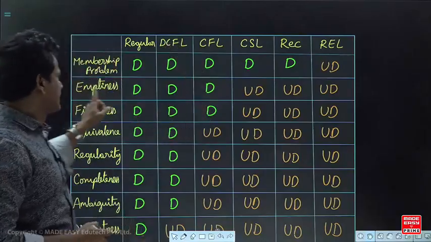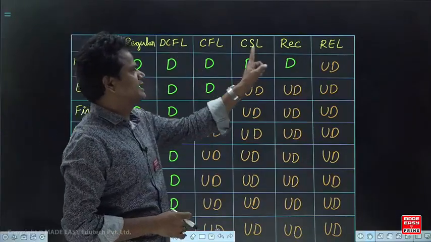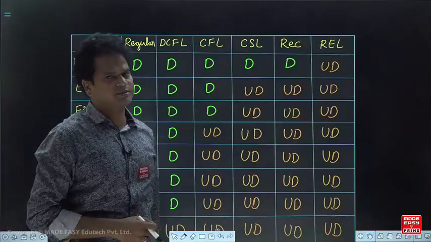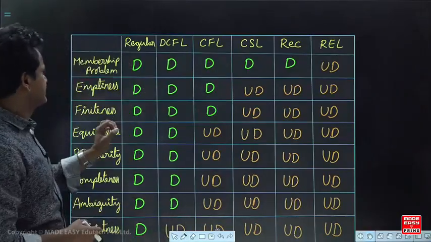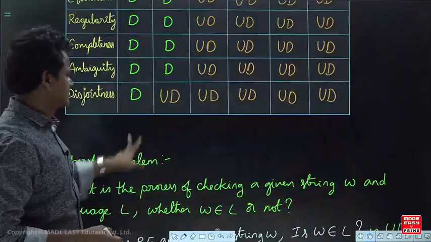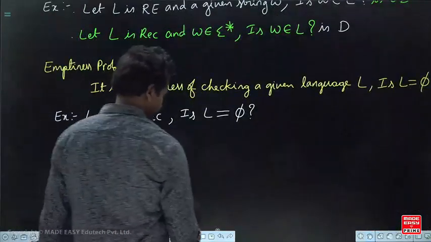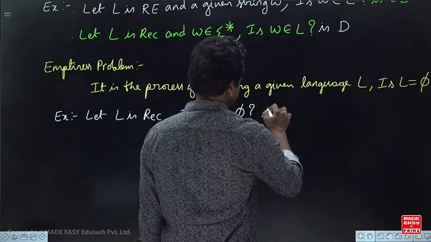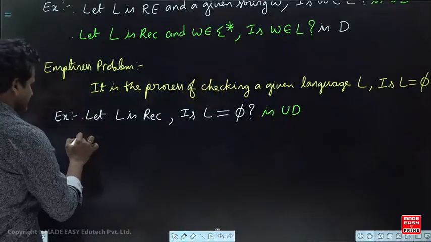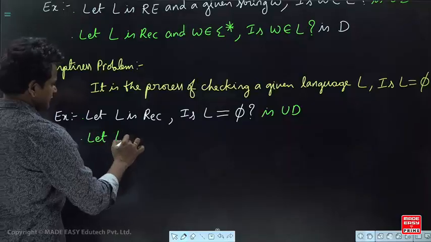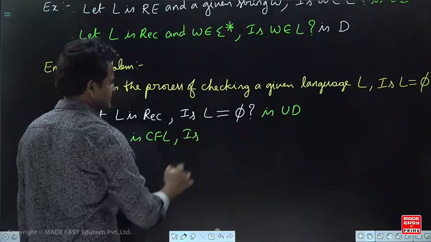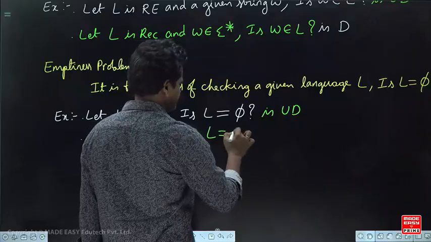Are you following? Only for CSL and REC is membership decidable. The remaining problems are undecidable. So REC emptiness is undecidable. Now next example, let L is CFL, is L equal to empty?